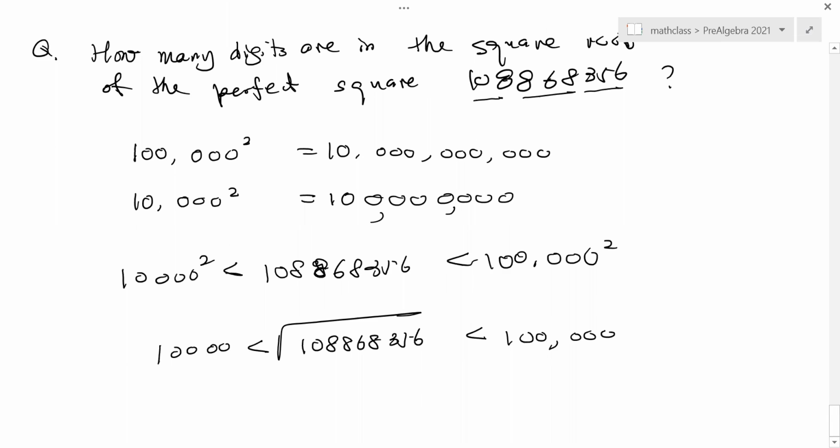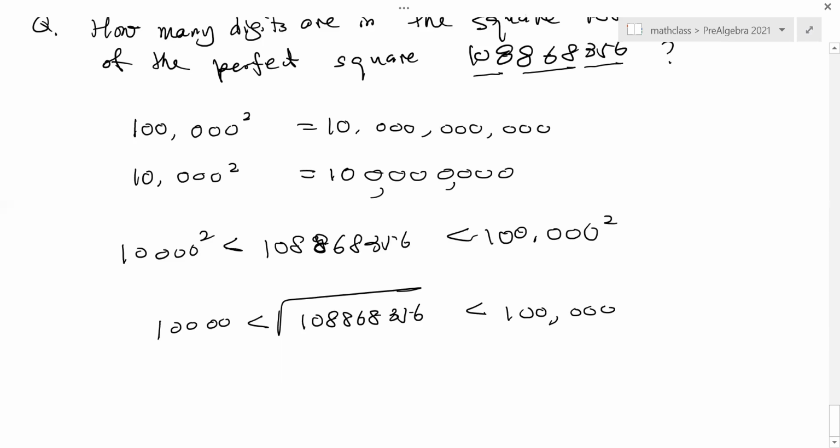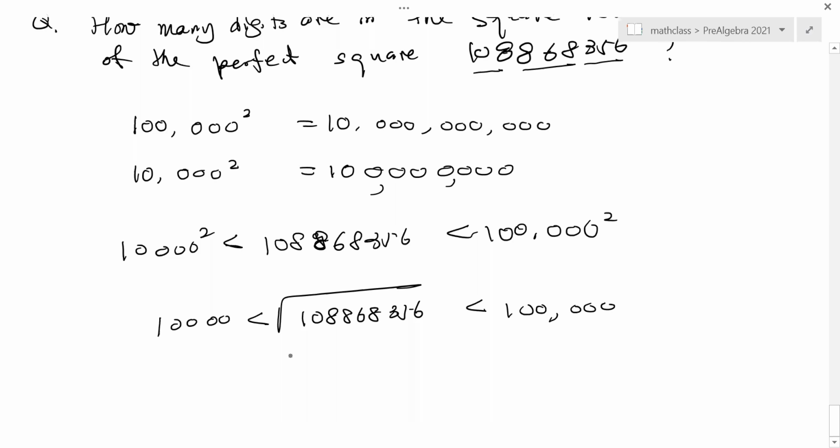So if it's between those two numbers, then it's clear how many digits you are going to have. I think it's 5 digits. Okay, so 5 digits. This is a 5-digit number, right?